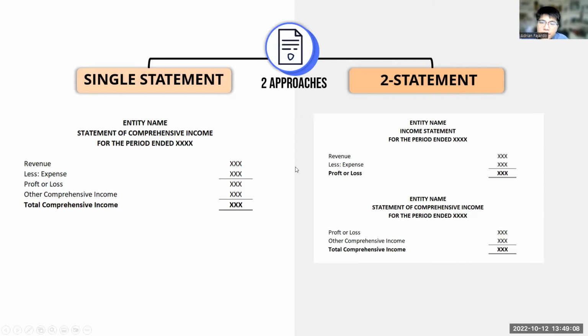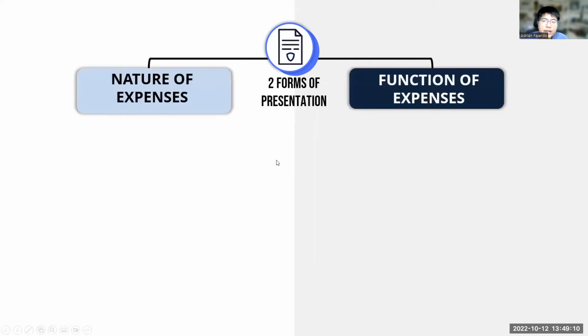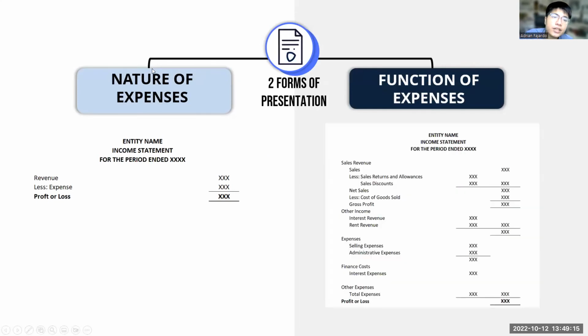And then, in terms of the forms of presentation, you can categorize your expenses based on the nature or the function. So sa nature of expenses, it's very straightforward. Revenues minus expenses is profit or loss. Compared to the function of expenses, wherein it's broken down per function. So you first get your sales revenue, and then you deduct your SRA and your sales discount to get your net sales.